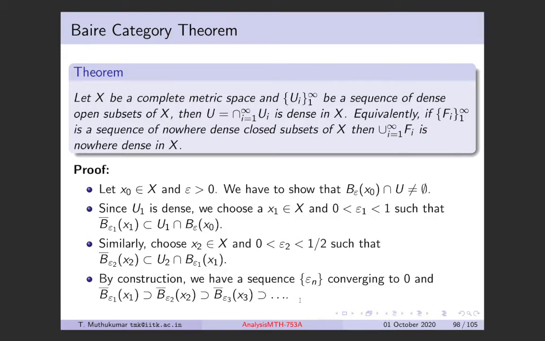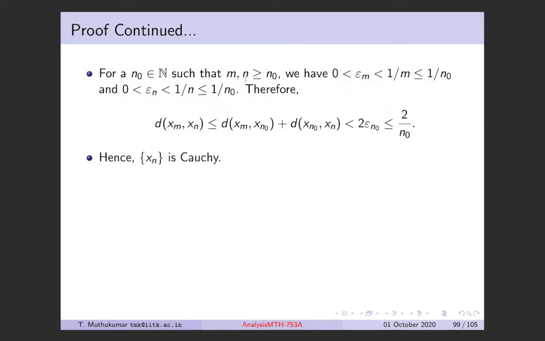So this distance is actually less than epsilon n naught, and this is epsilon n naught too. So it is 2 times epsilon n naught, but epsilon n naught is 1 over n naught, so this is 2 over n naught. So the distance is less than 2 over n naught, where m, n are greater than or equal to n naught. So this can be made as small as you want, right?